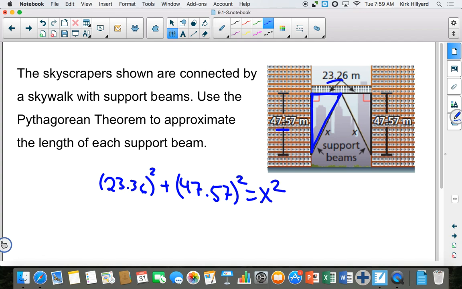And if we add those together, we get 2808.6 equals x squared, and then we would just square root that.